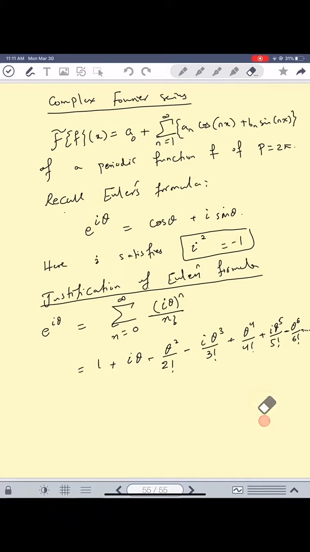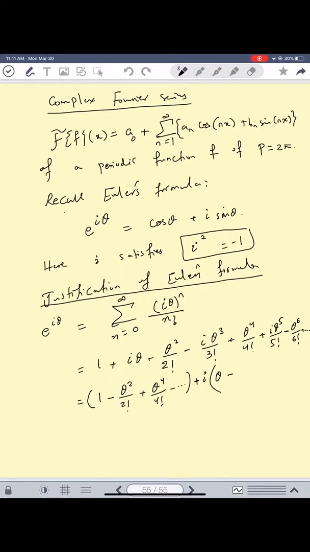So I think now you're seeing the idea. Now I have some terms that have i and other terms that do not have i. So if you collect all terms that do not have i, these are 1 minus theta squared over 2 factorial plus theta to the 4 over 4 factorial, and so on. Then what are the terms that have i?